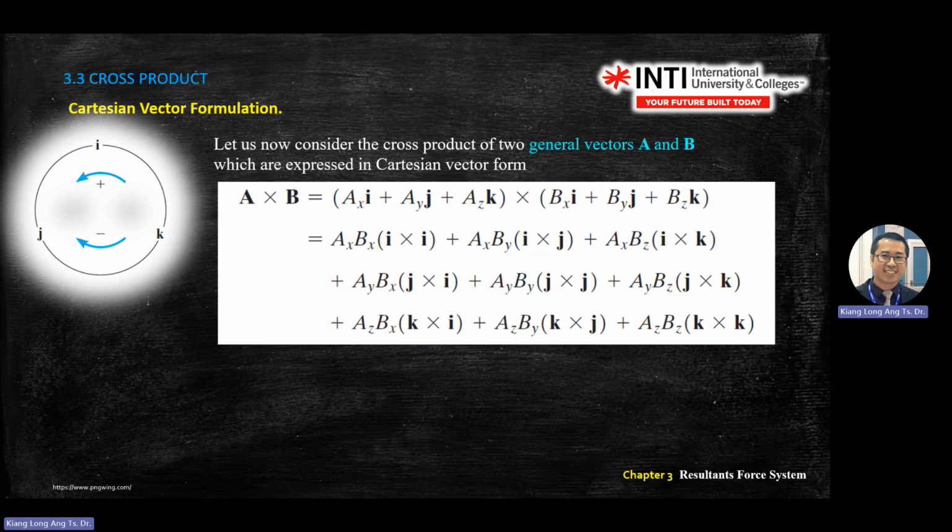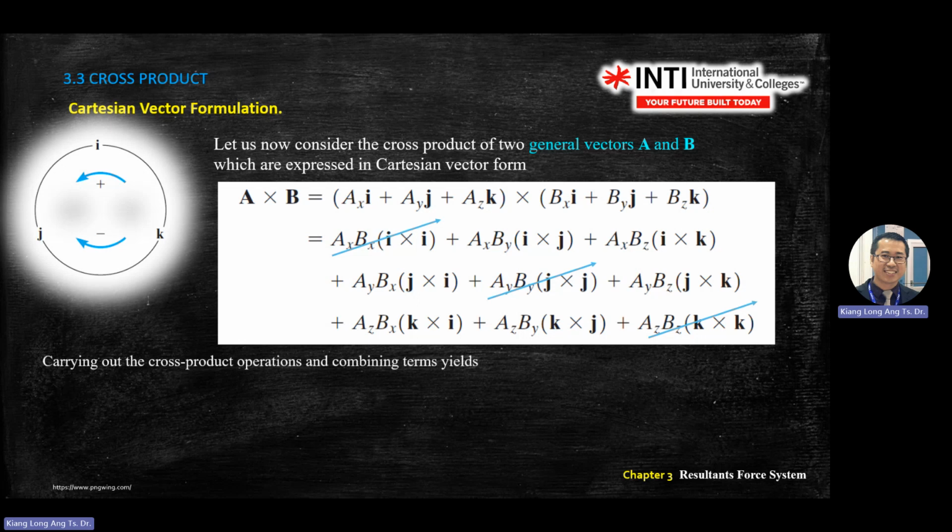You do the same for the rest of the 9 components. But from this diagram, I cross I is 0, I cross J, I cross K... all 0. You can add a little bit here, 0, 0, 0. So you can cancel those. And the rest you rearrange.